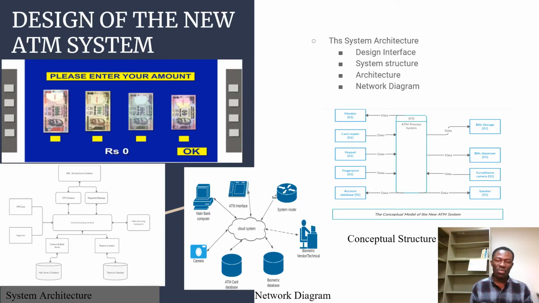So we come to the system interface, how the system design itself. On my left side is the system interface that you see that has some cash and its denominations. This is how the system interface is going to be. So there's a question: if the customer is able to use a pinless system, what about how to key in the money?